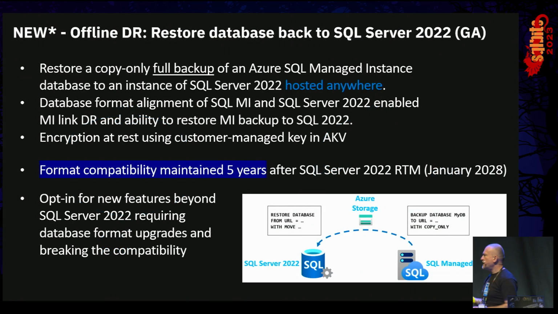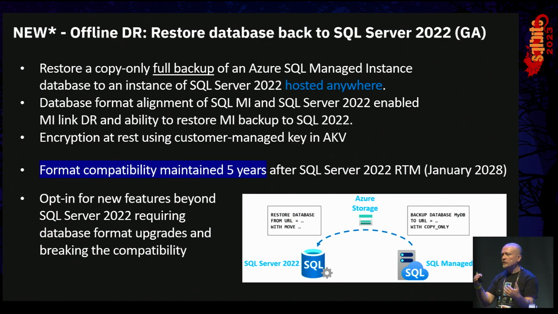Now, it's important to say how all of this became possible. Managed Instance is always updated because we keep it the latest and greatest SQL Server version. Before, it was not possible to make a backup on MI and restore it back, because MI was more advanced than SQL Server 2019 at that time.